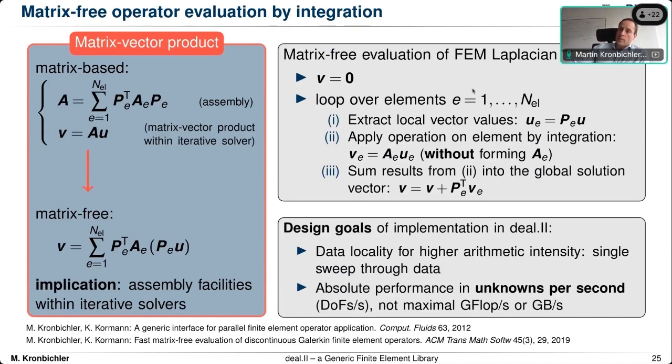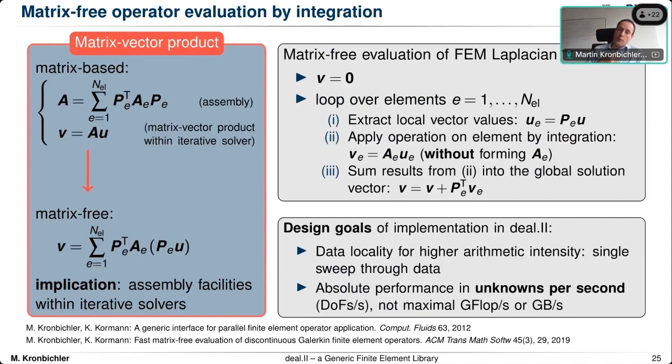In typical CUDA code, you use a kernel here, so you really don't write the loop out explicitly. Then on each element, you extract the local vector values. You apply the operations on the element without building this element matrix AE here. You really just compute the action, which is why it's called matrix-free. And then you add the local result into the global vector because you might accumulate integral contributions for certain degrees of freedom from several elements.